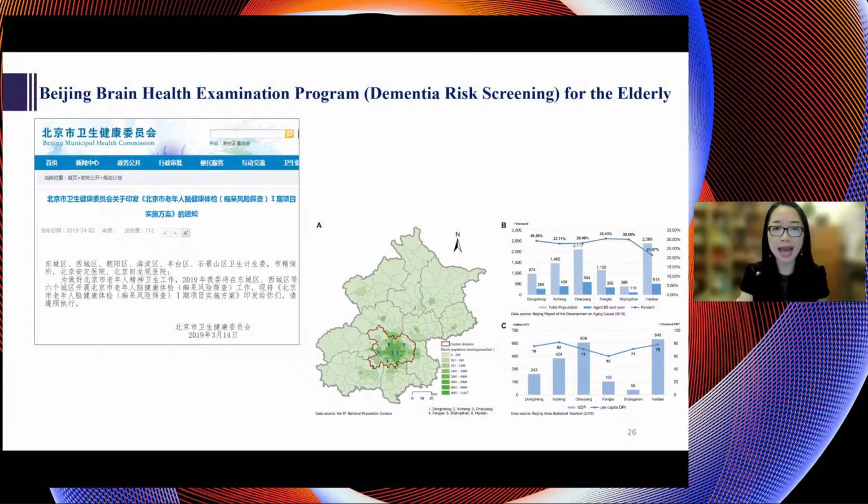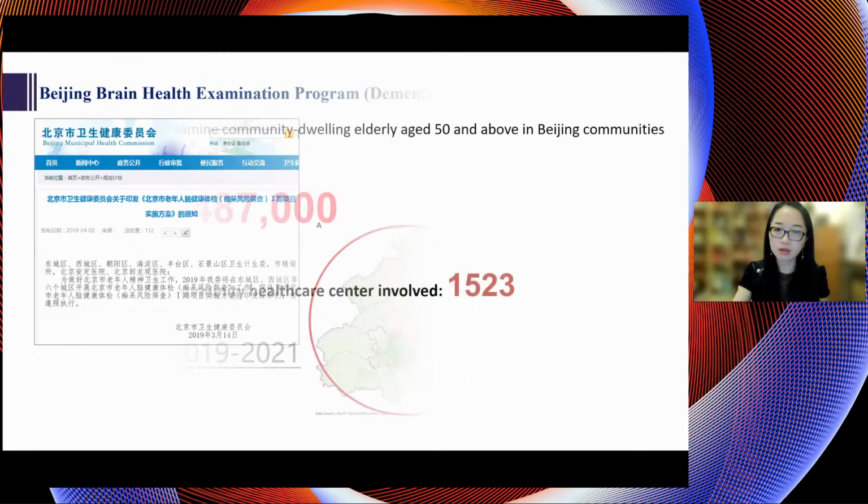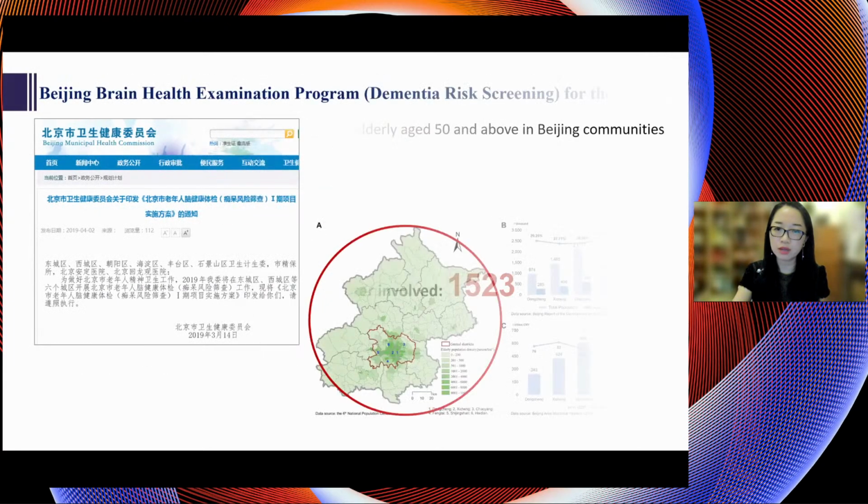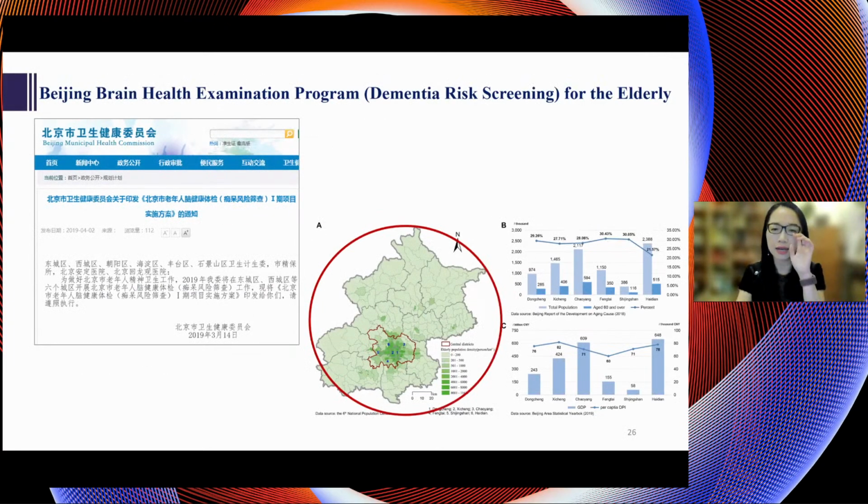It's the highest percentage of the total population in the Beijing area. So we face a very big and severe challenge. In the first 2 years we collected data only in 6 districts of the Beijing area, but last year we expanded to all 16 districts.